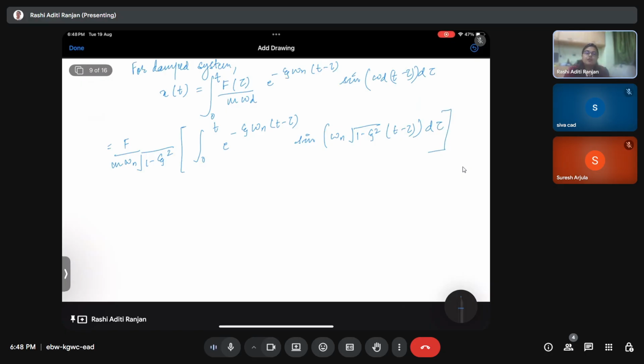So this is the integration that we have to perform. So we basically have two functions that we have to integrate with respect to tau.